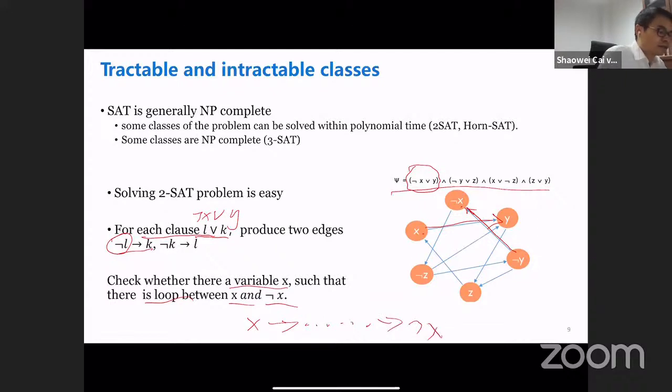So this implies that the formula is unsat. And if the formula is satisfiable, we can just assign each variable step by step. For example, we can pick x and make it true, and then according to the direction, it makes y true, and then it makes z true. So this is a satisfiable assignment for this formula.